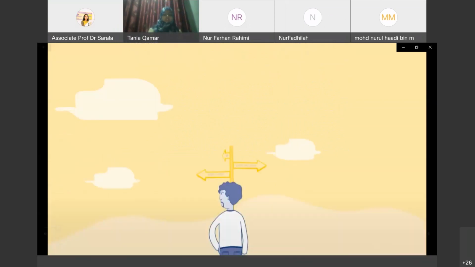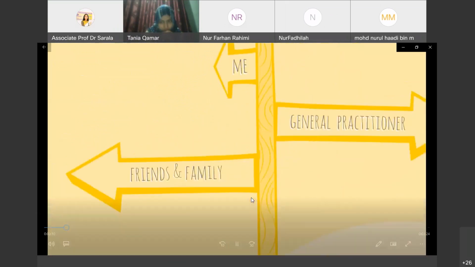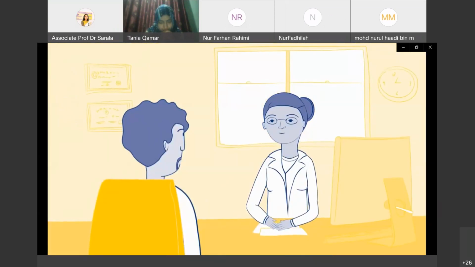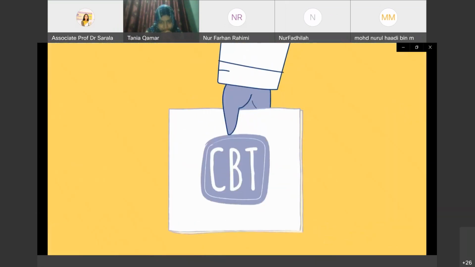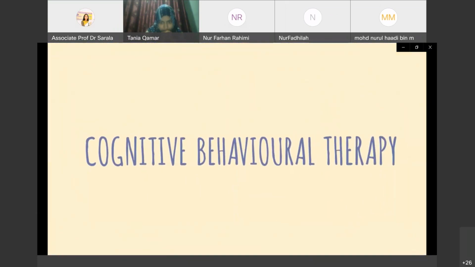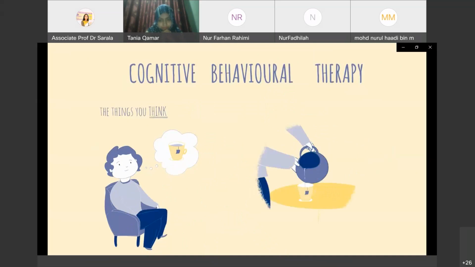Okay. If you're living with a mental health problem, it can be hard to know which way to turn or what to do to feel better. You might go to your GP, and one of the first things they might offer is CBT, which stands for Cognitive Behavioral Therapy. It combines cognitive therapy, examining the things you think, and behavioral therapy, examining the things you do.